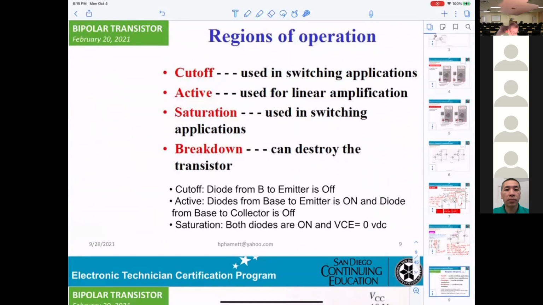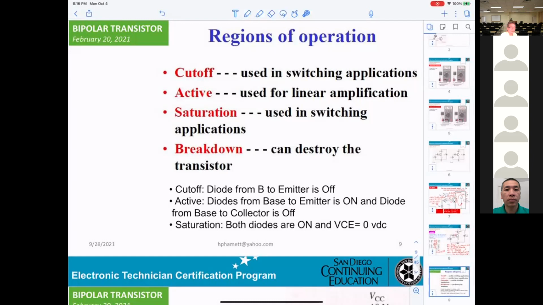Active means used for amplification, linear amplification, that means amplifying your voice. And the last, saturation, the same thing, used for switching. Those are the three regions for the transistor. They can be cut off, they can be amplified, or they can be in saturation.